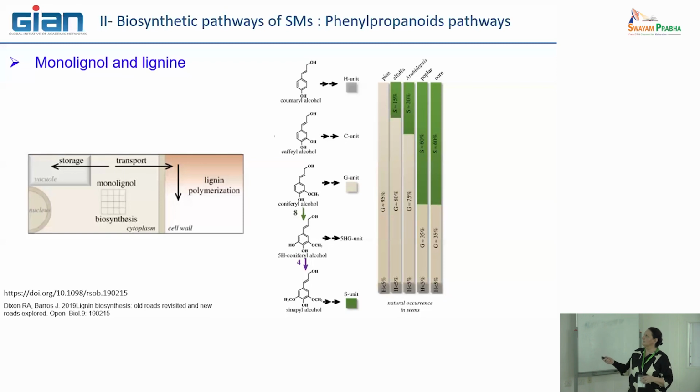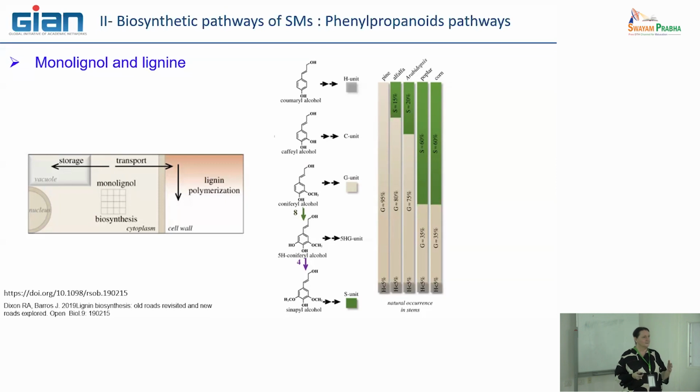And what is interesting here, for example, is poplar, which is a tree used for different things, in particular wood for different applications. They have a big portion of S unit instead of G unit, while some other plants, more herbs, such as Arabidopsis, have more G unit than S unit. So this shows that lignin is quite different from one plant to another.